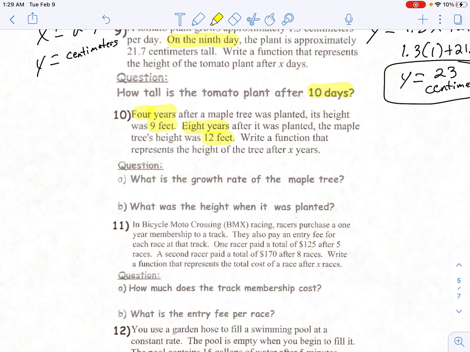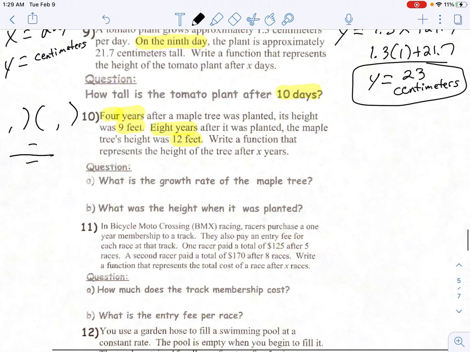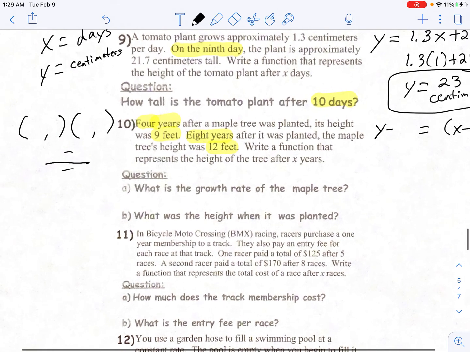So when you see that you've got 4 numbers and they are in pairs like this, meaning in pairs of labels, then you need 3 different things. You need 2 of these, you need a slope, and then you need the point slope setup. All right?